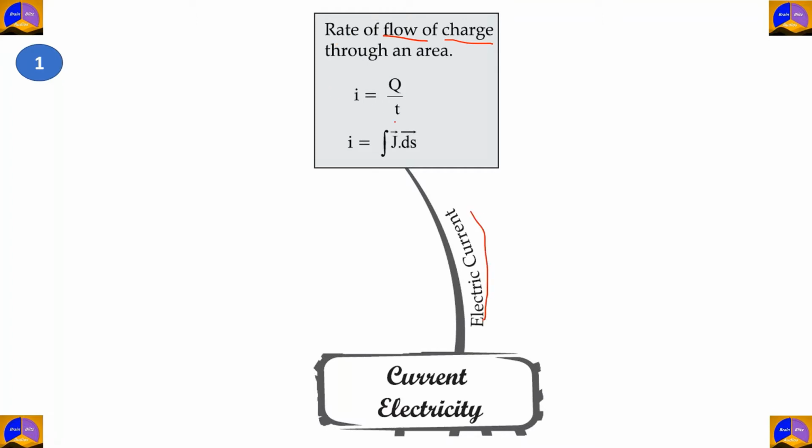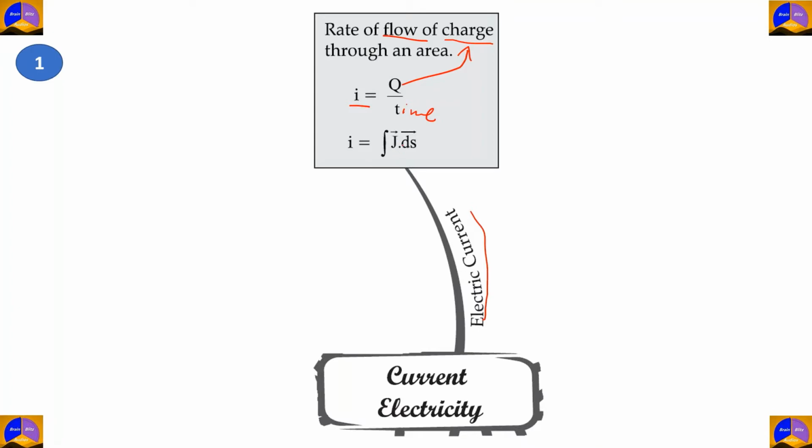When charge flows in unit time, it is known as current. Therefore, the formula for I, which is electric current, is equal to Q by T. Q stands for charge, T is for time.